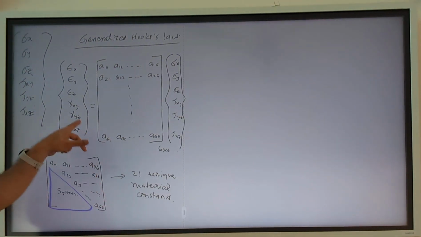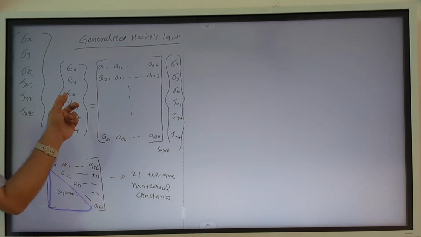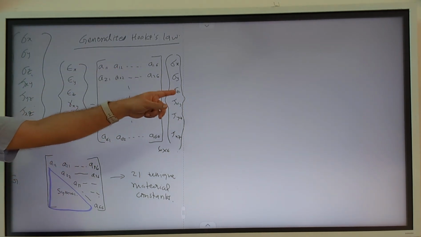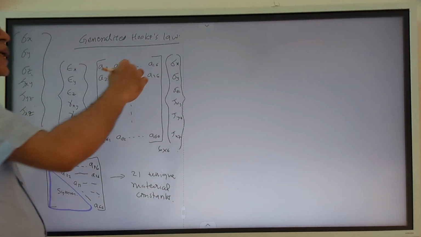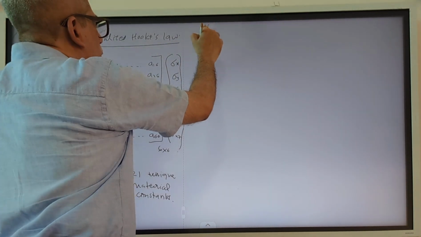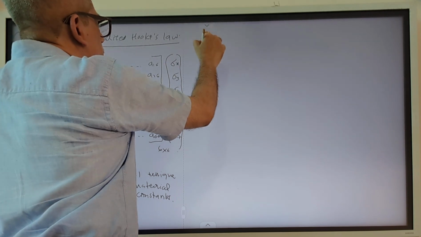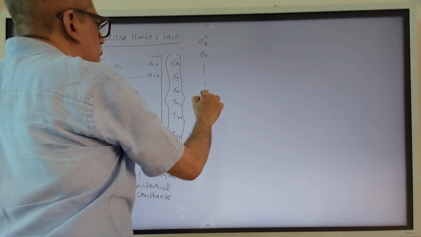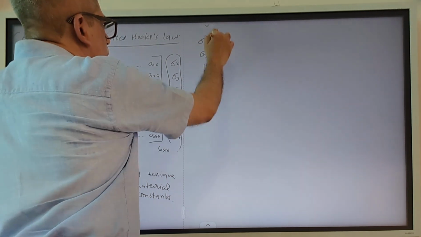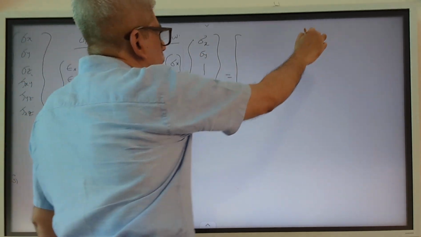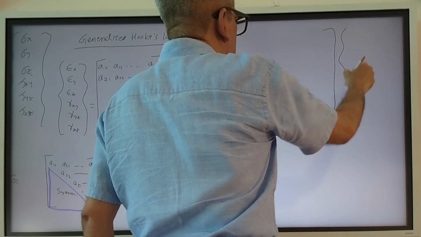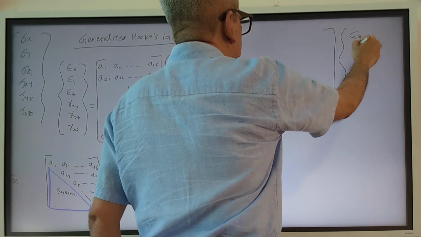And this constitutive equation need not be written with strain equal to stress. You can invert this matrix and take the strains to the other side, so you will have sigma x, sigma y, and so on. So another form of constitutive equation is stress in terms of strain.